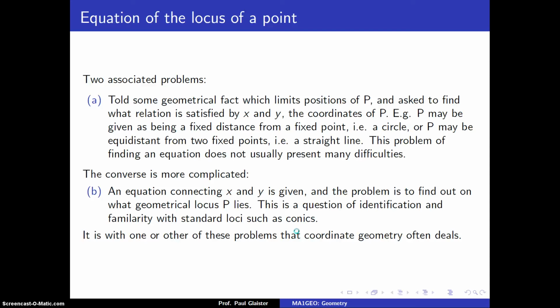And the only way one can do that is to become familiar with a series of different standard shapes. And so the primary part of this course is to be able to identify standard loci, and then we'll also look at a series of interesting problems and also properties of those loci. So as I've said here, the converse is more difficult. If you're given the equation, what does it represent?